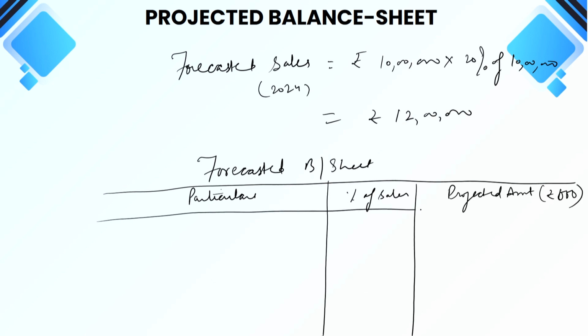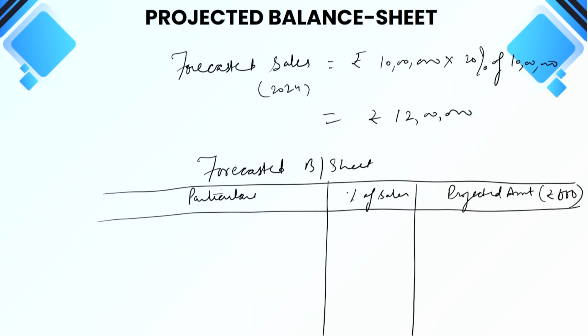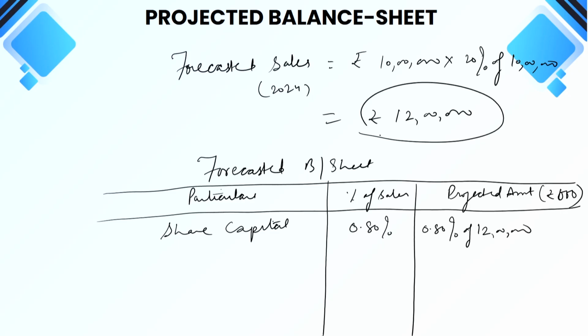So going for each and every item, first we have just computed that the share capital is going to be 0.80% of sales. So I'm taking the first item, share capital, as given, 0.80%. So we compute 0.80% of 12 lakh rupees, which is our latest sales, which is a forecasted one.